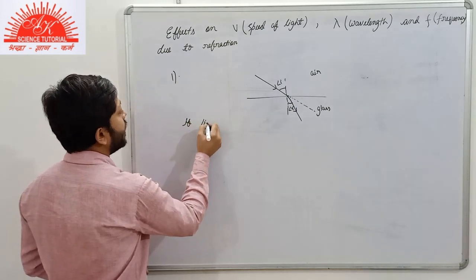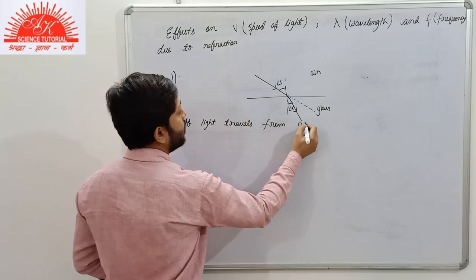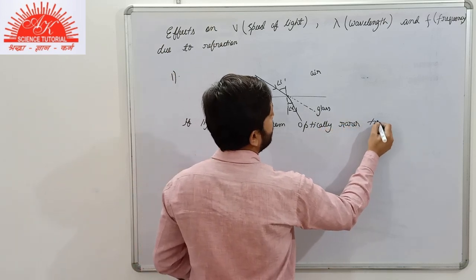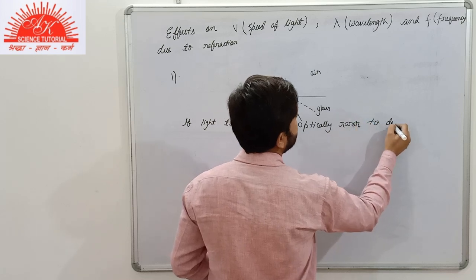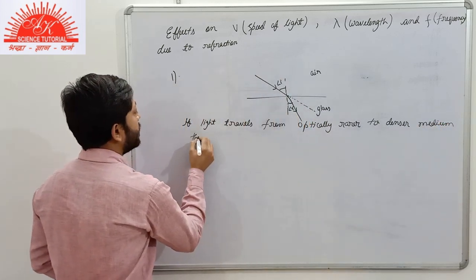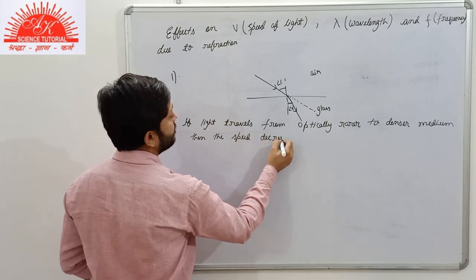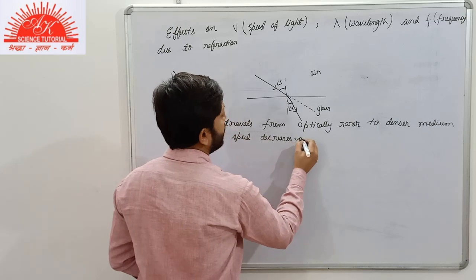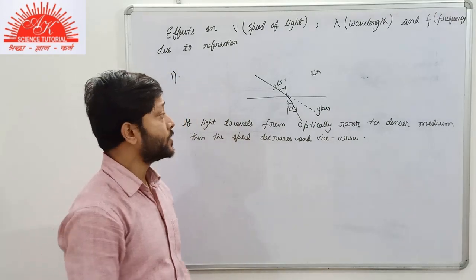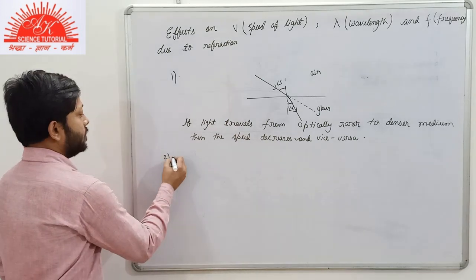If light travels from an optically rarer to a denser medium, then the speed decreases, and vice versa. If the condition is reversed, if the light ray is traveling from a denser to a rarer medium, obviously its speed will increase.